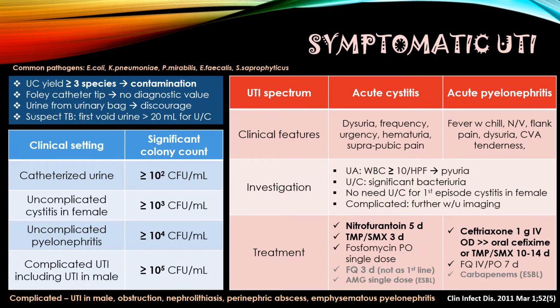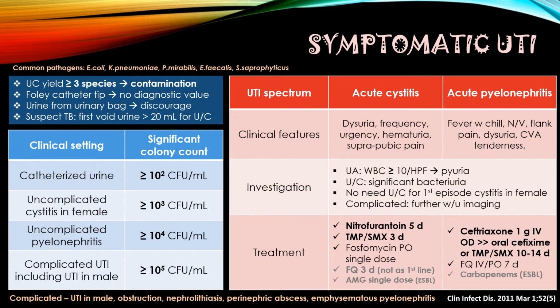But if it is more than 7, you should look for calculi, or we can call staghorn calculi, in the kidney that are difficult to remove, and maybe a source of recurrent UTI. Because these two species have urease that converts urea in the urine to ammonia and ammonium and forms stones.